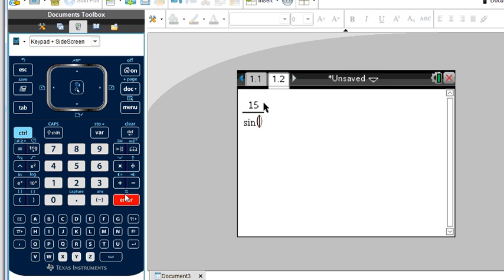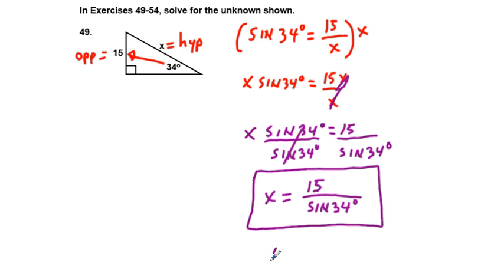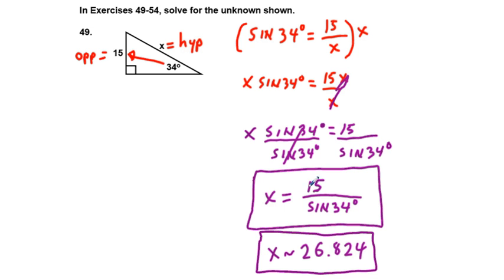So sine 34 degrees, and we get 26.82, approximately 26.824. So we'll do the 3 decimal places. This one on top is an exact answer. The one here on the bottom, the squiggly equal, is the decimalized approximation.